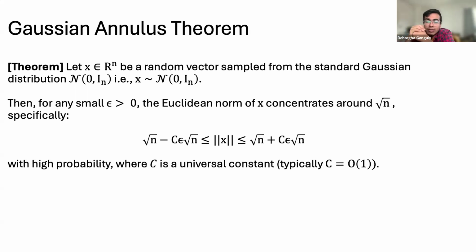So what it says is: let X be a random vector in R^n, sampled from a standard Gaussian distribution, where I_n is the n by n identity matrix. Then for any small epsilon greater than 0, the Euclidean norm, that is the distance between the origin and the point itself, concentrates around this square root of n.